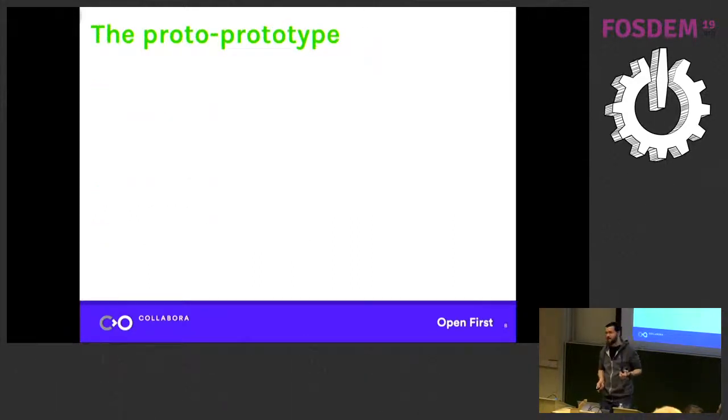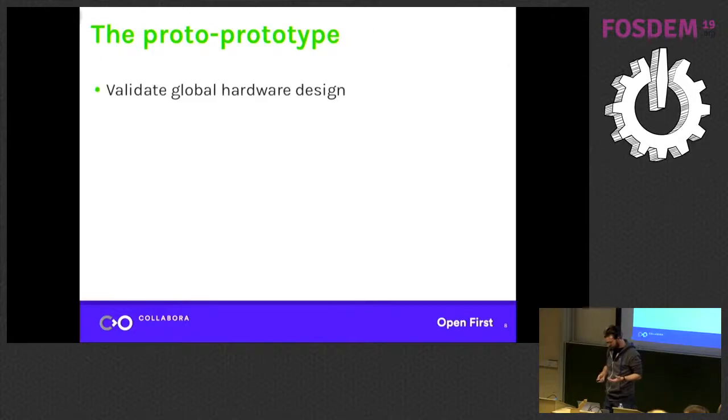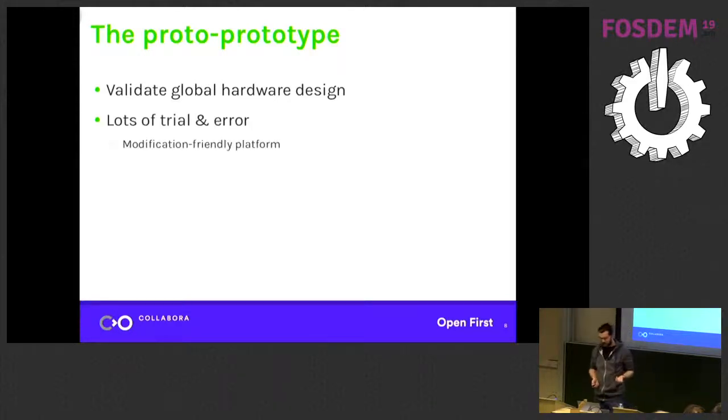So then you have what I call the proto-prototype. It's kind of a general proof of concept. You put all the bits and pieces together, and then you check whether you can make your whole circuit work. It's used to validate the global hardware design and how every piece will interact with each other.